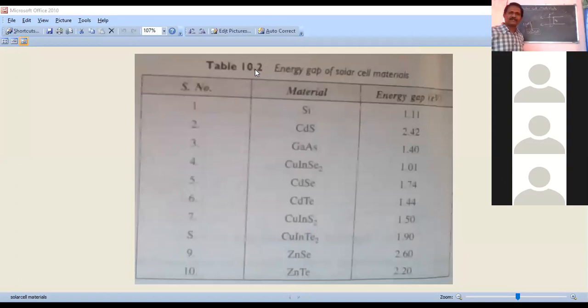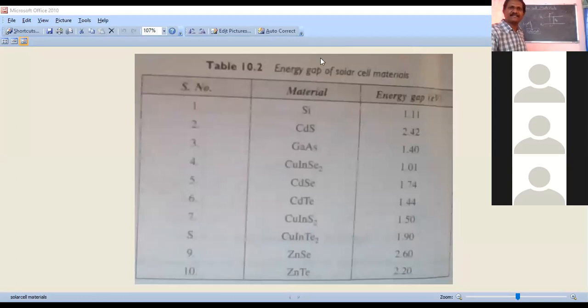Now the materials that you see here are silicon, cadmium sulfate, gallium arsenide, and all the remaining ones. There are different materials used for creating solar cells. At the same time, they have different energy gaps also.